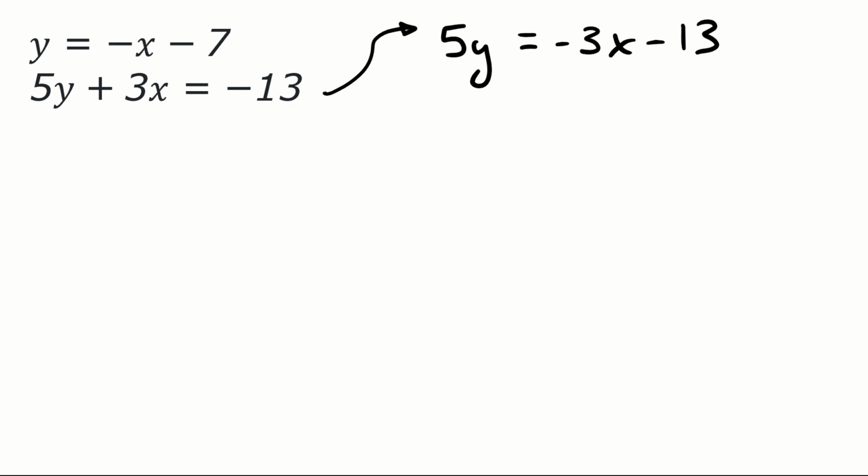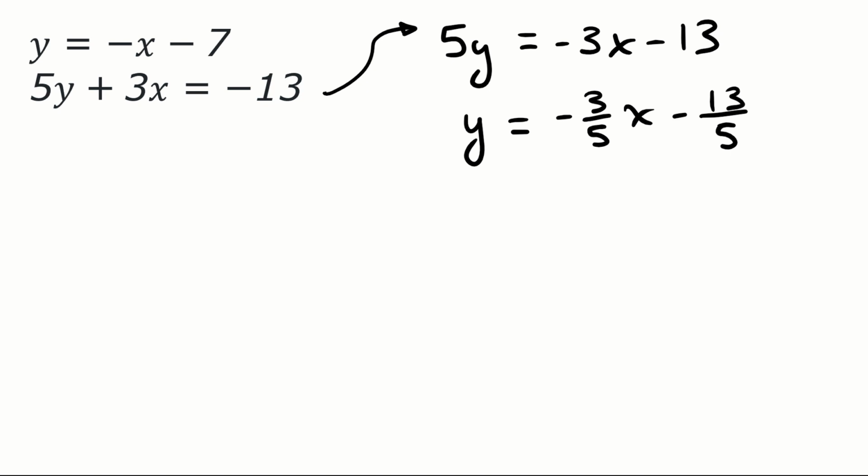And I can see as I look across there are three different terms, and I'm going to divide all of those terms by 5. So this is going to become y equals negative 3 fifths x minus 13 fifths. So we can see each of the three terms were divided by 5.